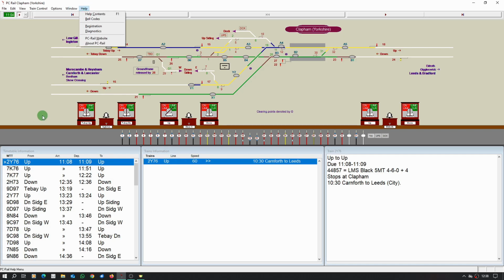So right, we'll wait for this engine section, which shouldn't be too long. It actually stops here, Carnforth to Leeds train.